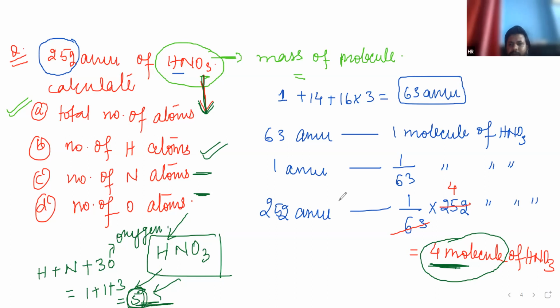Azhar, did you get it? Do you get it? Number of nitrogen atoms are 4, number of oxygen atoms are 12. Yes, very good.